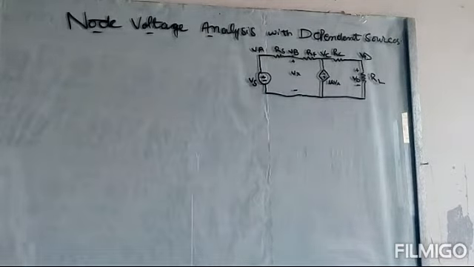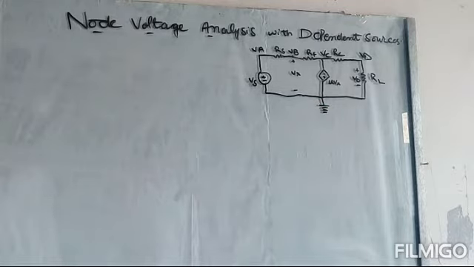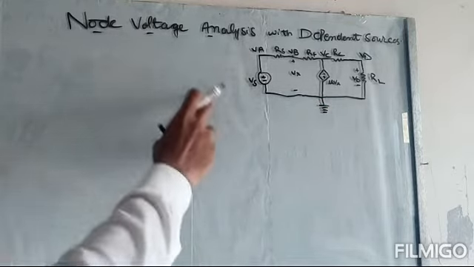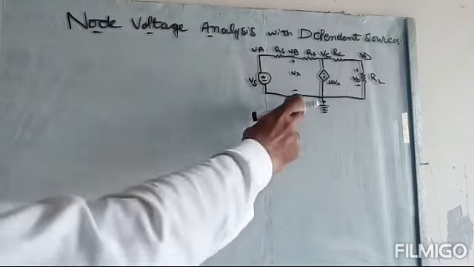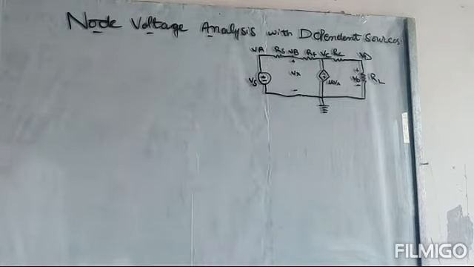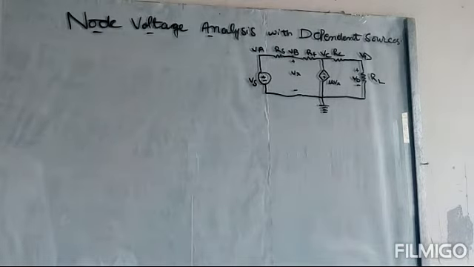So according to node voltage analysis, what is our first step? We will choose one node as our reference node, and then we will find the unknown voltages with respect to it. So I have chosen this node as ground, and now I will find the voltages VA, VB, VC and VD.